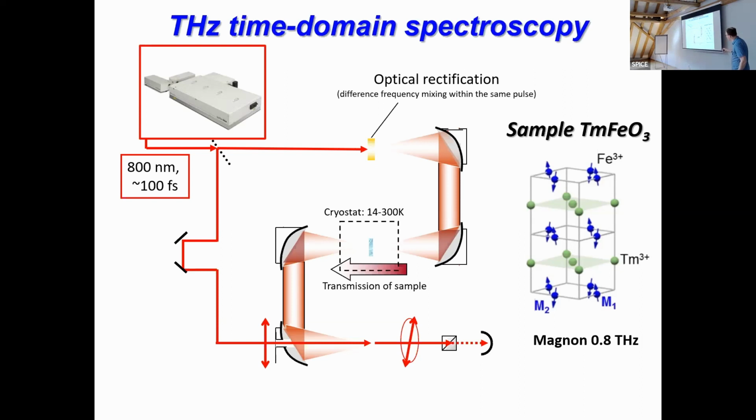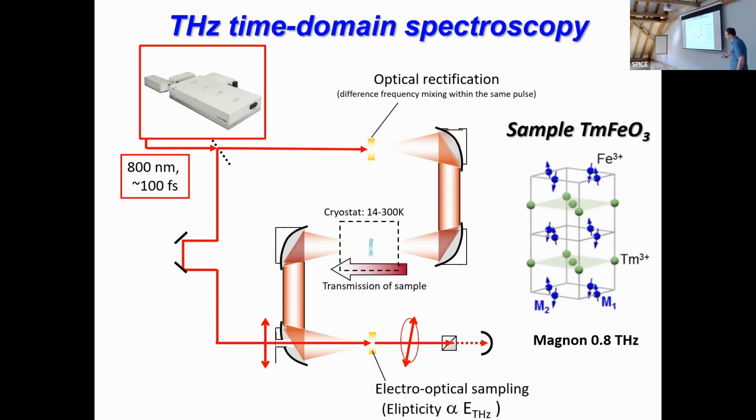The transmitted waves we can then focus onto another electro-optical crystal, which is simultaneously gated by this weak probe pulse. The electric field of the terahertz wave induces an optical axis in the electro-optical crystal, creating optical anisotropy.